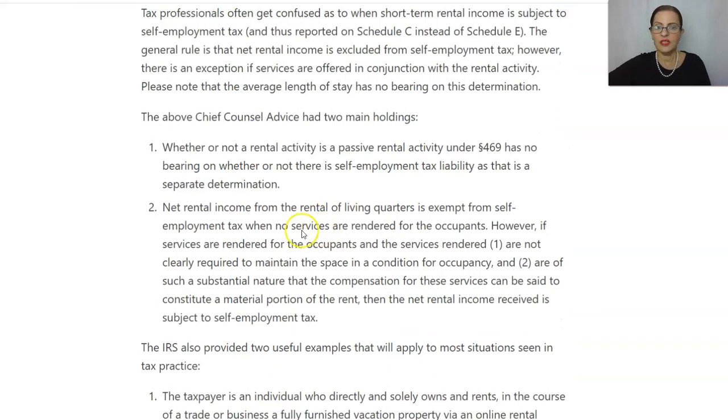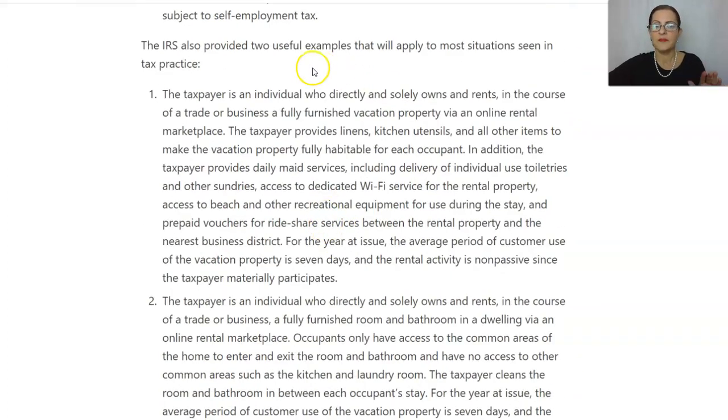So if you look right here, it says the IRS provides two useful examples. In the first example, the taxpayer, this is the landlord, all right? The landlord or the owner of the rental is providing linens. They're talking about sheets, right? Clean sheets and pillowcases, that sort of thing. Kitchen utensils and all other items to make the vacation property habitable for each occupant.